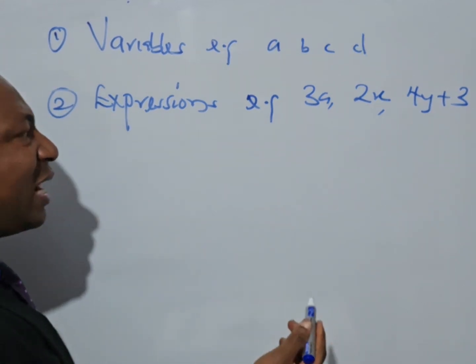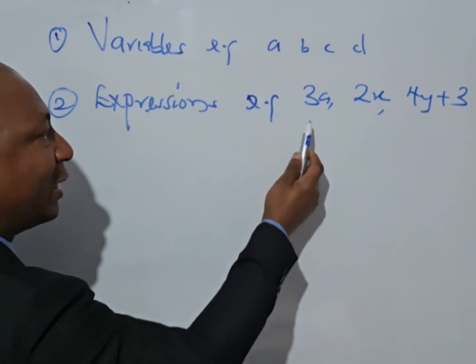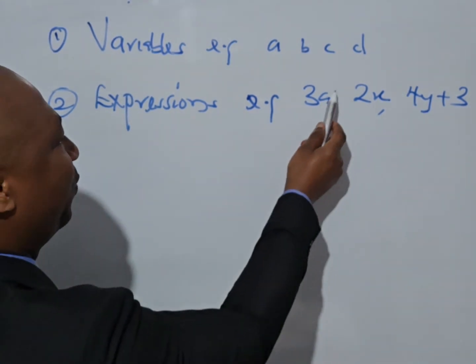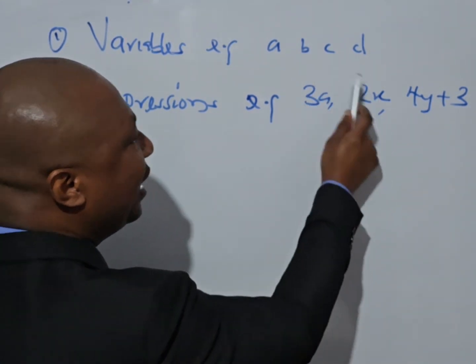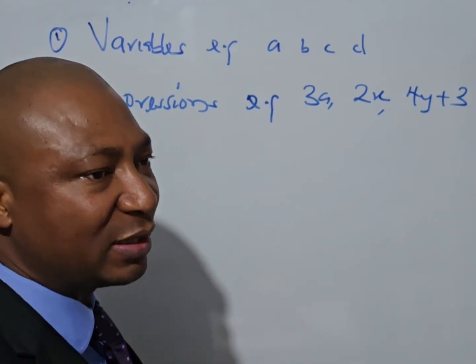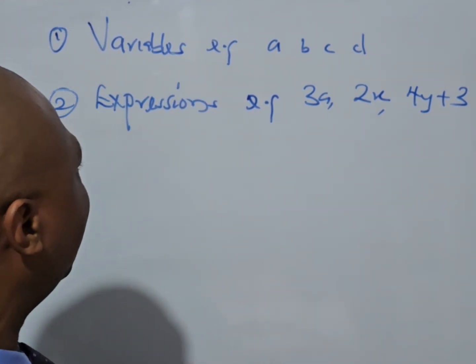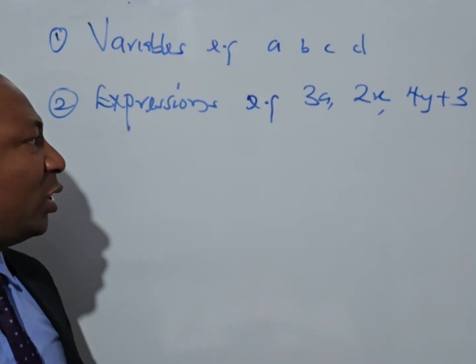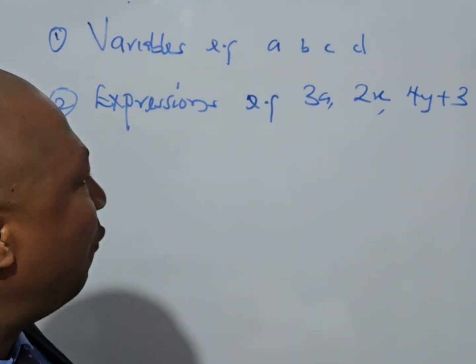It is a combination of variable and number. That is what makes up an expression. 3a is an expression, 2s is an expression, 4y plus 3, y minus s are expressions.